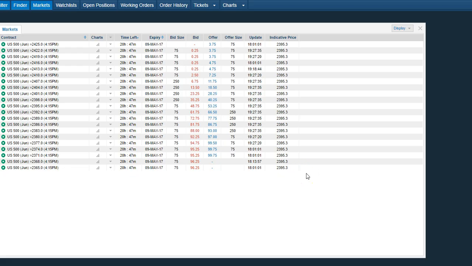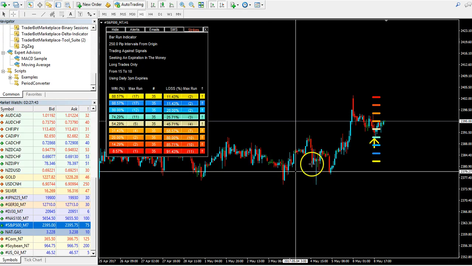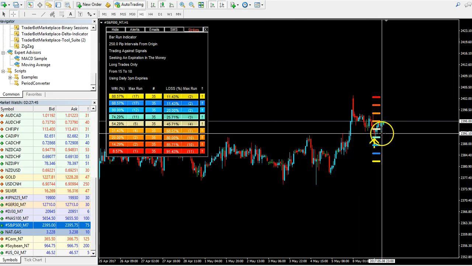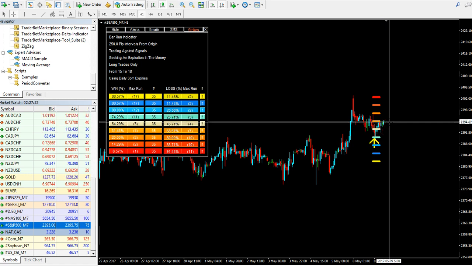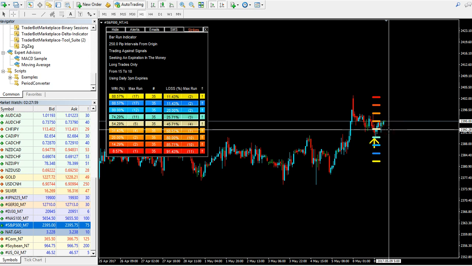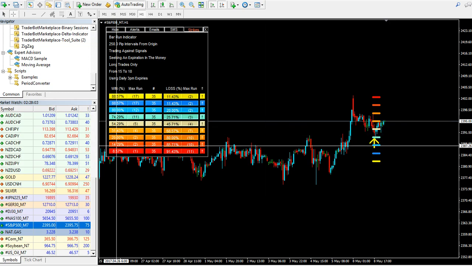Well, let's just do a little finagling. This is a 415 daily expiry. Now, if we're looking on here, these are 250 pips or 250 ticks apart. If I measure where price is right now, down 250, that's going to be at a price of about 2392.